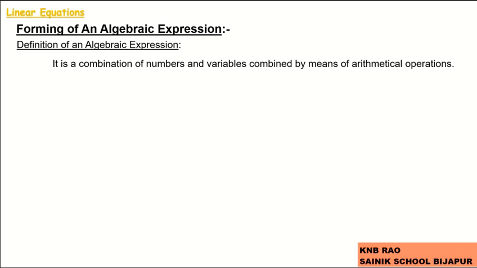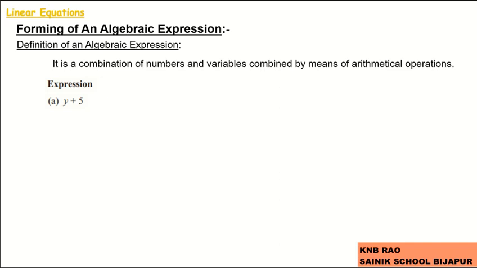Now, we will get into writing expressions such as y plus 5. These are all examples of algebraic expressions I am giving, and I will explain how they have been formed.